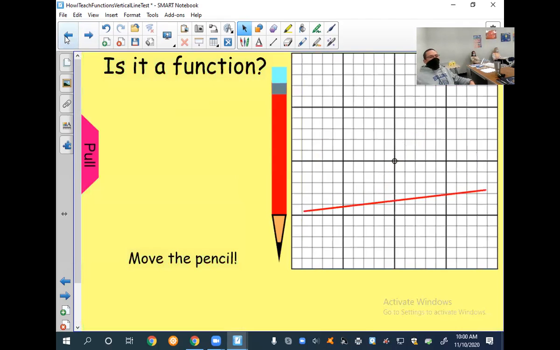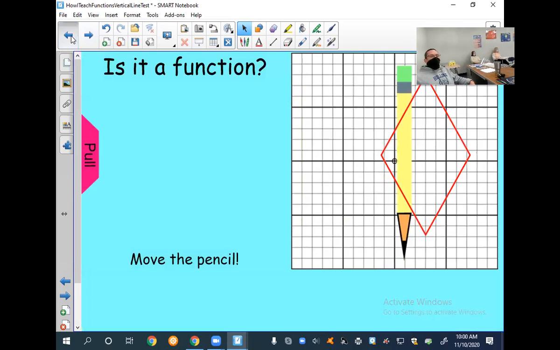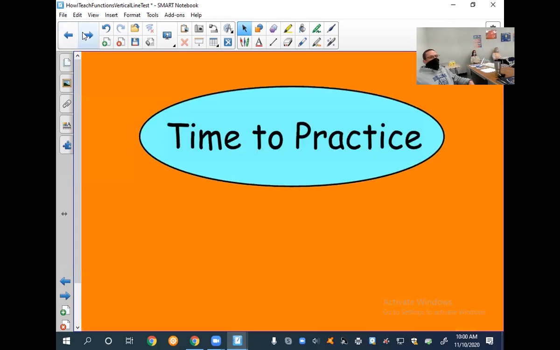All right. Now, there's one other thing we need to talk about. You're going to be asked today: okay, if it's a function, is it one-to-one? All that means is, first of all, it's not a function if the x's repeat, right? If you have two x's, we know it's not a function, okay?